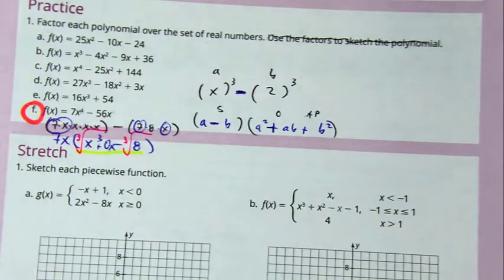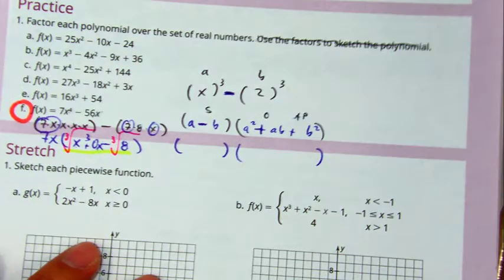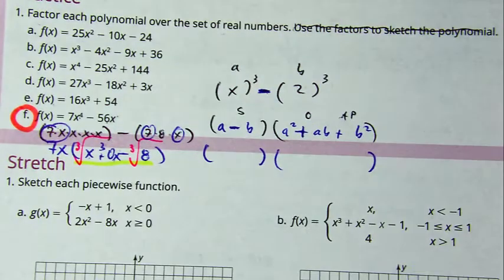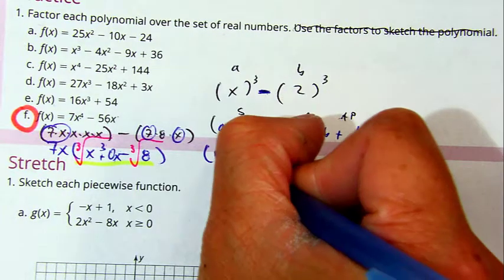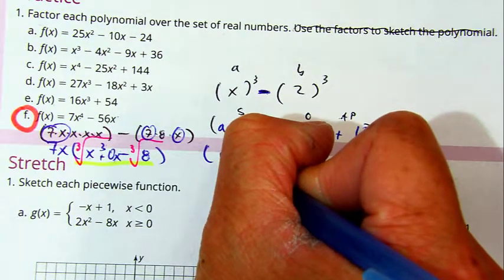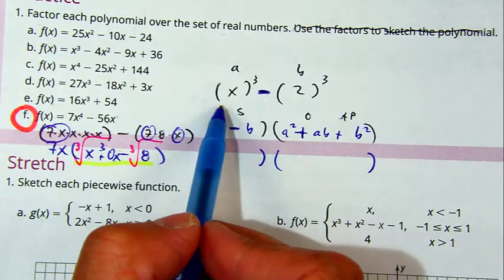Brianna, do our substitution for us. What's your A value? Look above. Your A value is what? Oh, X. Yes.